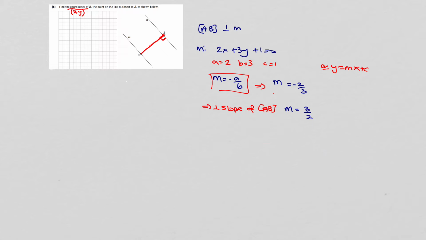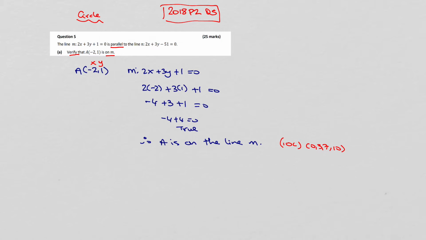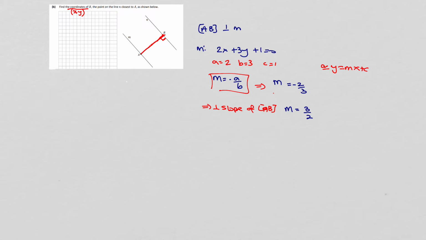Now I know the slope of the line AB, and I already know A, which I verified in part A is on M. So if I want the equation of the line AB, I'm going to use y minus y1 equals m times x minus x1, which is page 18 in your maths tables.